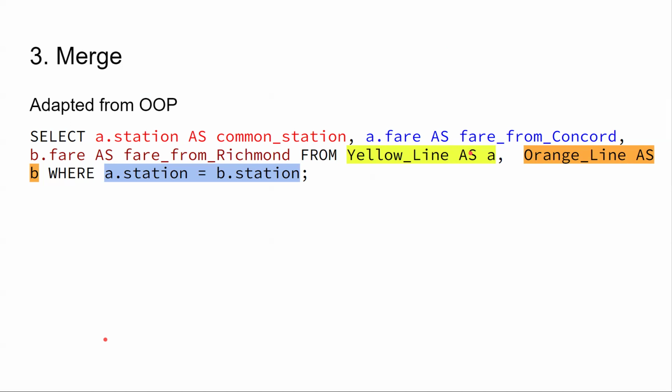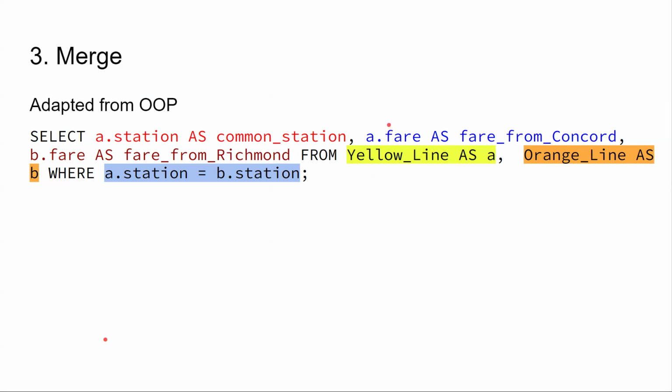Because they are sharing stations, I can take a train from Concord and reach this station, or I can take a train from Richmond to this station. They can both reach this station.